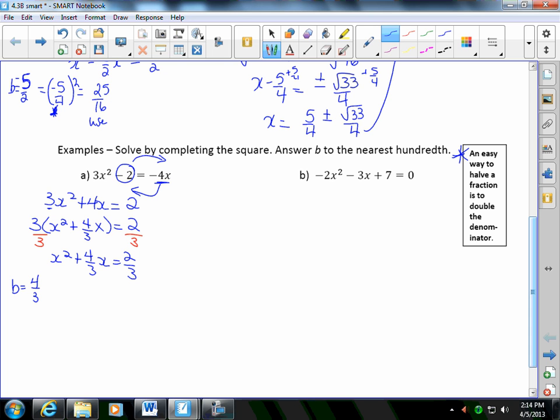Because if I'm dividing by 2, I'm multiplying by 1/2, so it means I go 4 times 1, 3 times 2 to get 6. So this is 4 over 6. This is the value I keep. I square it to get 16 over 36.